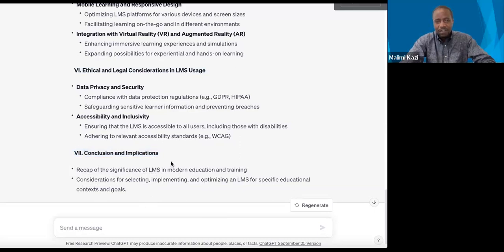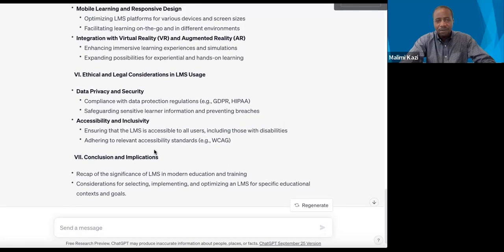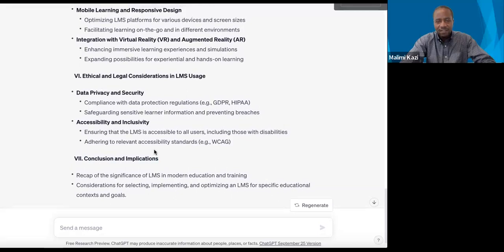Now, I think this is good, but I wanted to provide more details regarding what I want ChatGPT to include in my notes.